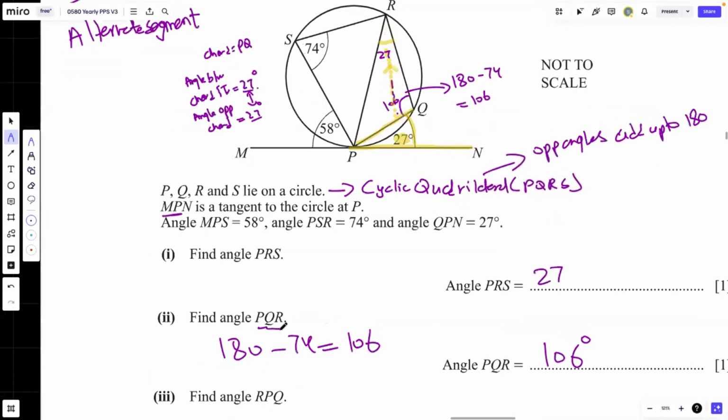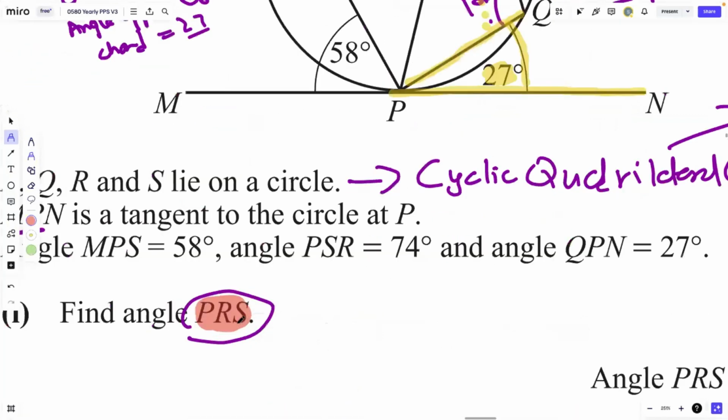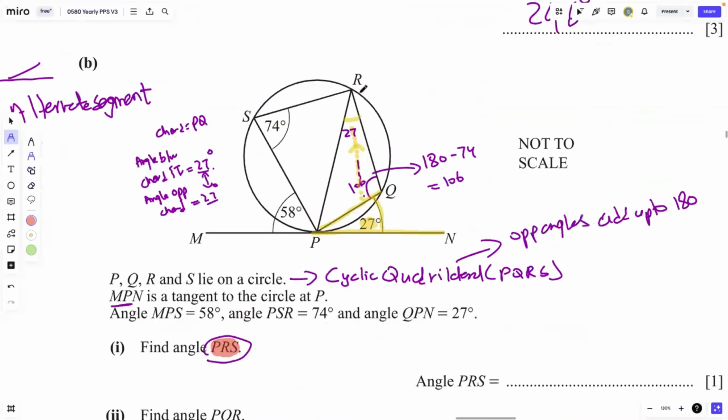Okay, I think we have made a slight mistake. This is not going to be 27, because he's asking for PRS, not PRQ. It's very important to read this clearly. We found PRQ actually. The angle he's actually looking for is the other one.